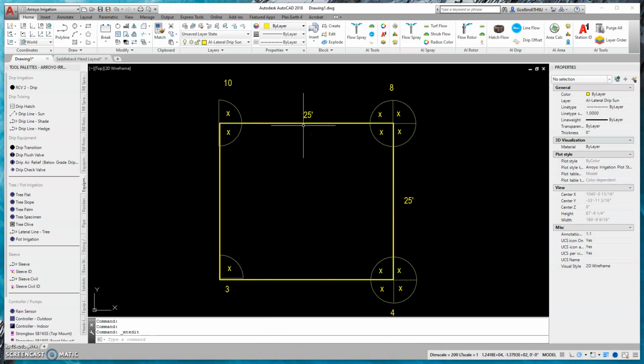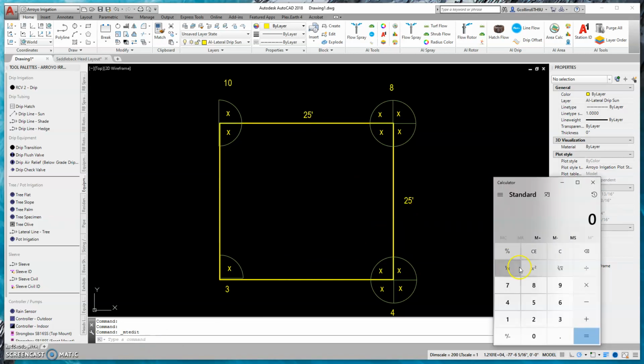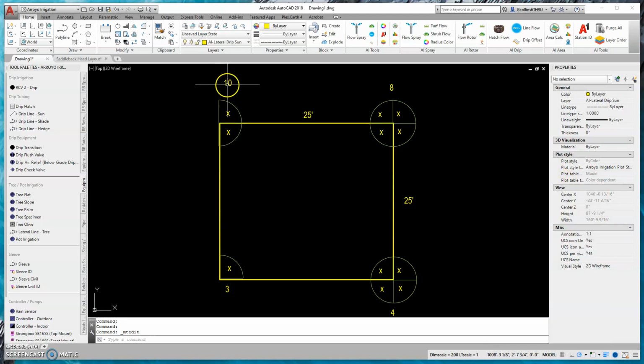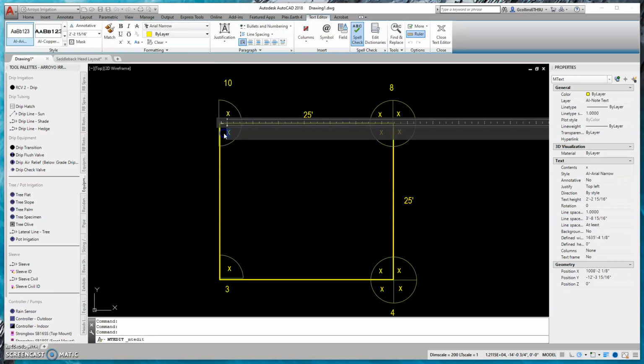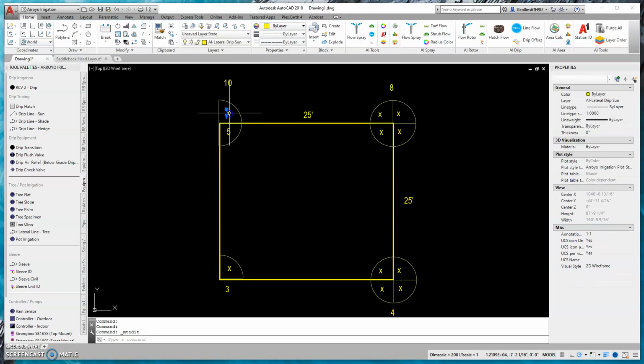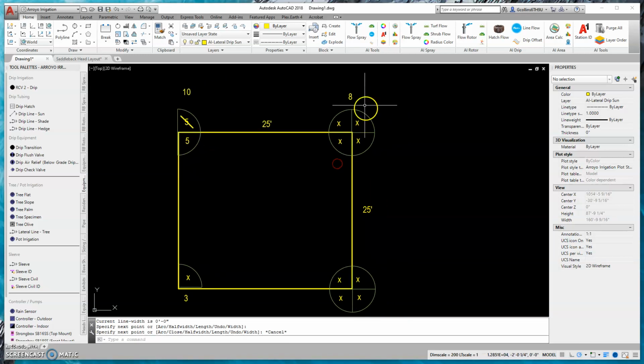This box is 25 feet by 25 feet, so it's going to be 625 square feet. If this is 10, then the part shooting inside the box is going to be 5. The part shooting outside the box is going to be 5. I don't care what's shooting outside.